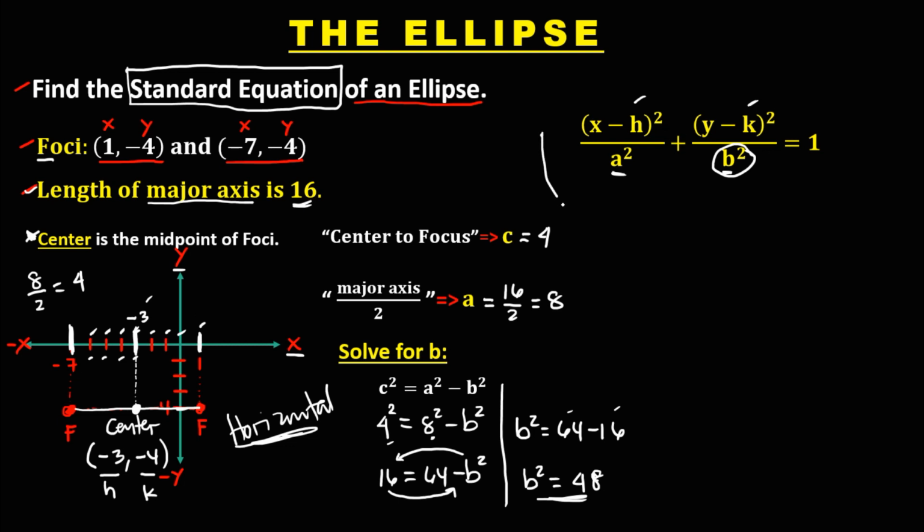Then this time we can solve the standard equation for this ellipse, because we now have the four values: a, b, h, and k.